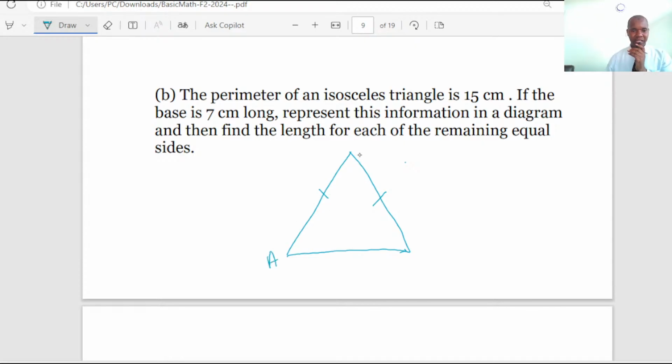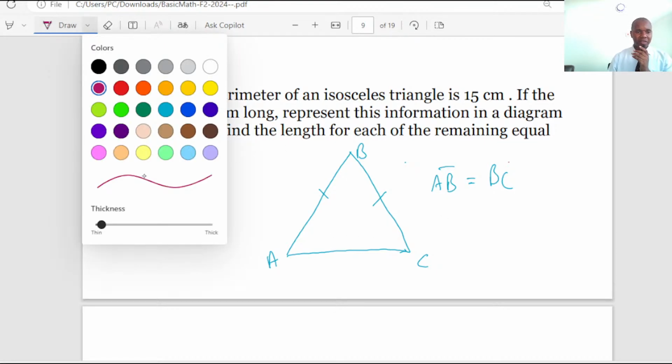I can even name this triangle ABC. So here AB is equal to AC. An apology. AB equals to BC. AB equals to BC.